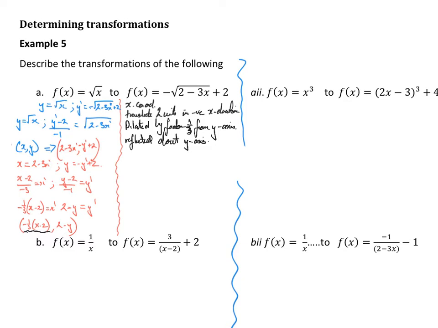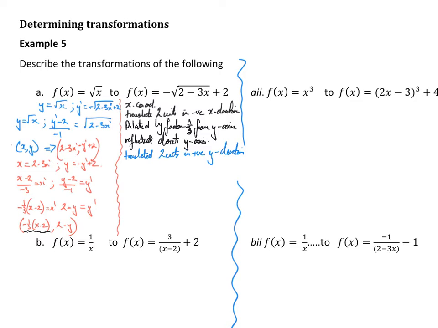If we now change our cover, what are the y translations? Well, the y value had 2 added to it, so it's been translated 2 units in the positive y direction. Now, the negative y value, actually, we probably should have done that order.